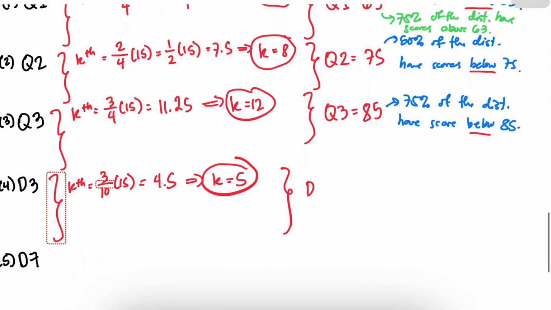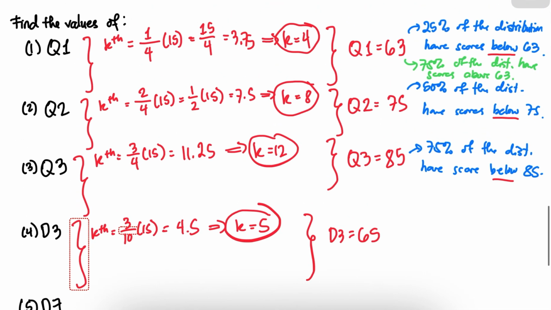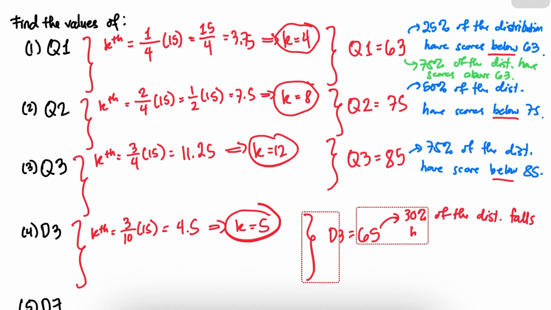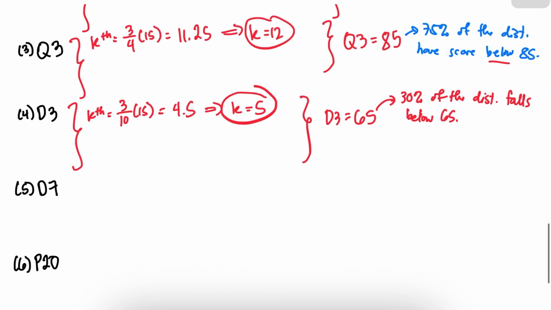So therefore, our D3 is equal to 65. So we can give an interpretation for that decile 3. So that's going to be 30% of the distribution has scores below 65.